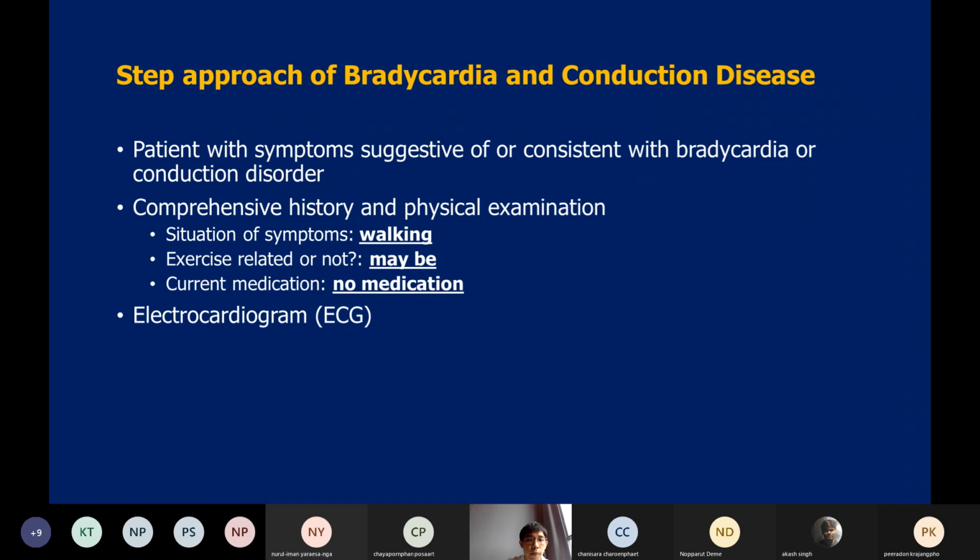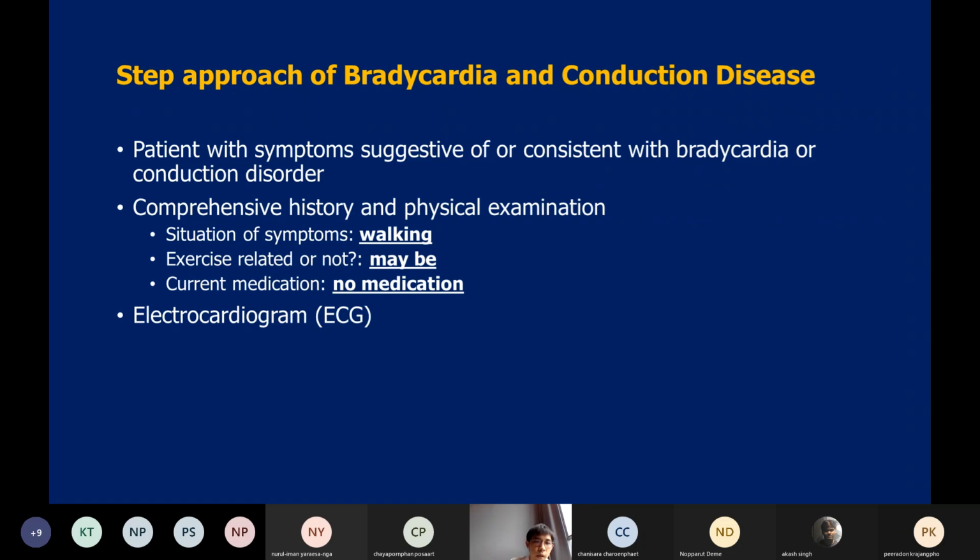So we are going to see how we can approach this bradycardia. Does the patient have symptoms suggestive of bradycardia? Yes, she has syncope, so I think the symptoms could be caused by the bradycardia. So we do a comprehensive history and physical examination. We asked her when the symptoms occur.